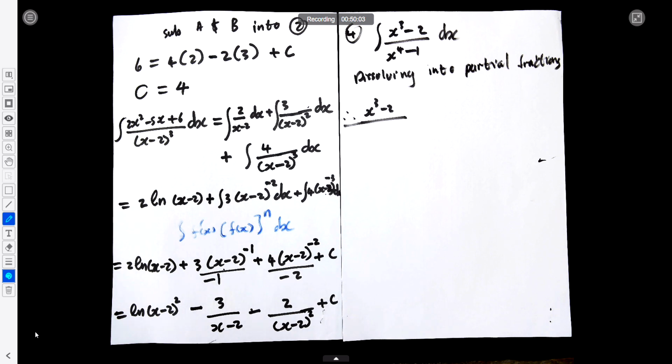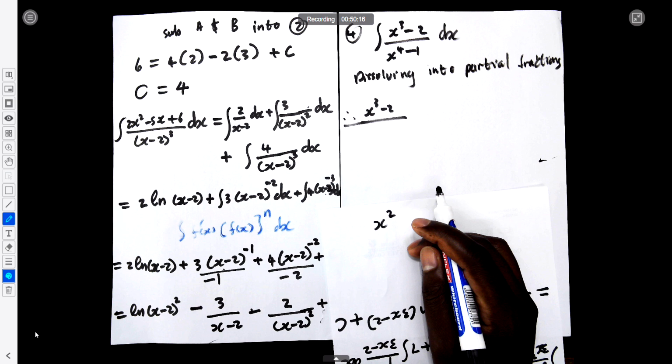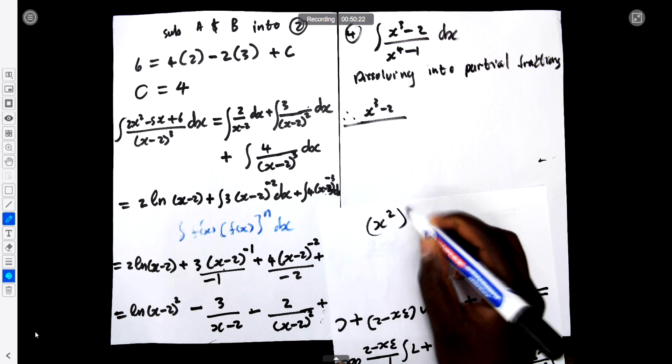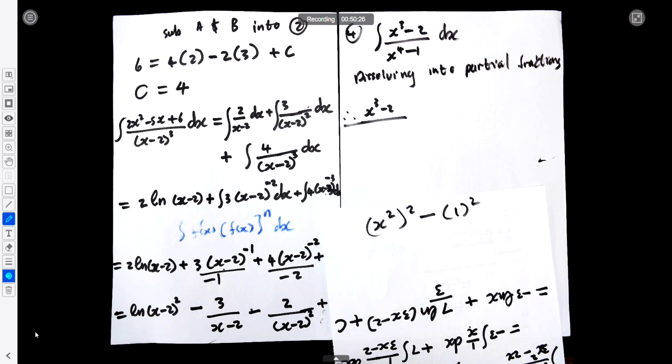It's a difference of 2 squares, because if you express x to the power 4 as a square and 1 as a square, I hope you see what is happening.